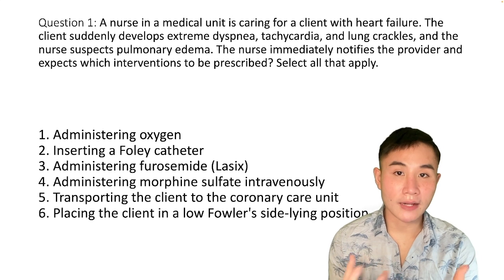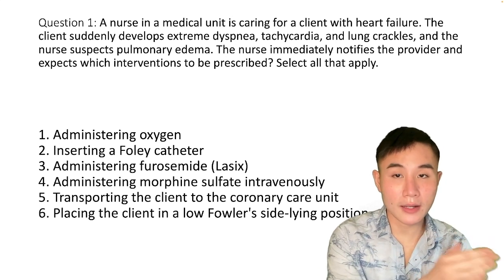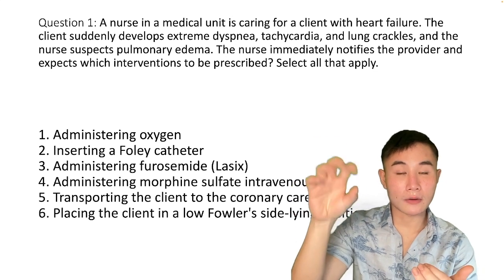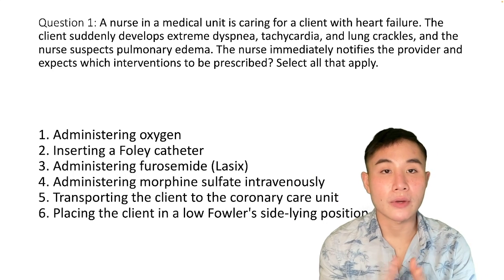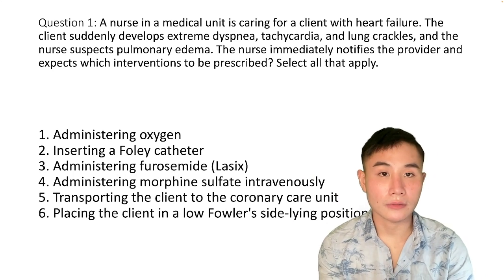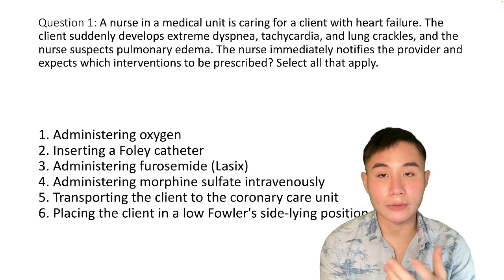And if we have less blood going to the right ventricle, that means less blood is going to the lungs, because the blood goes right atrium, right ventricle, and to the lungs. So if we have less blood going to the lungs, the patient will breathe easier.